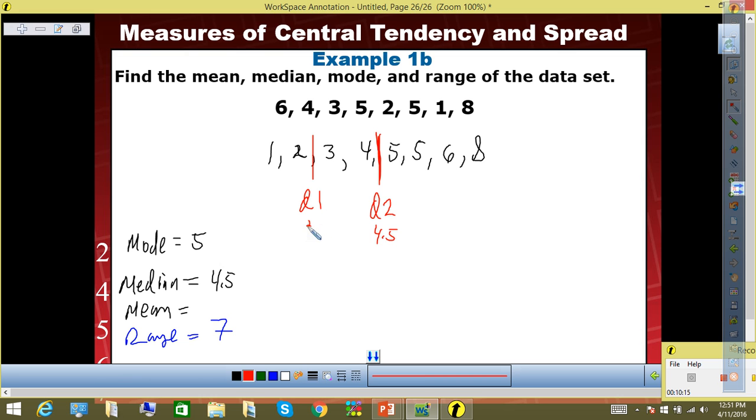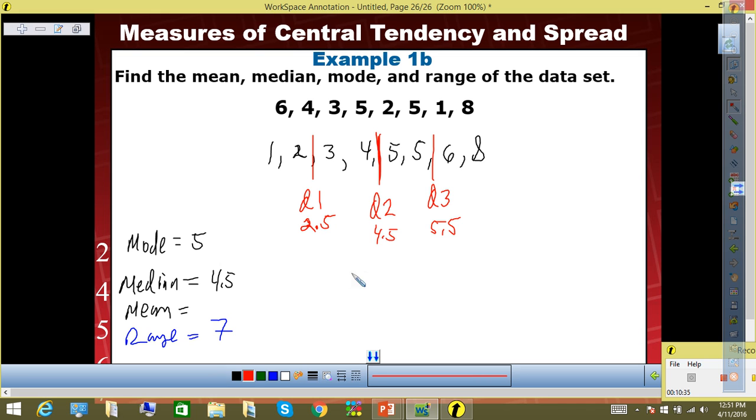Q1, 2.5. That is correct. Pass to someone. Q3. Erica. Q3, 5.5.